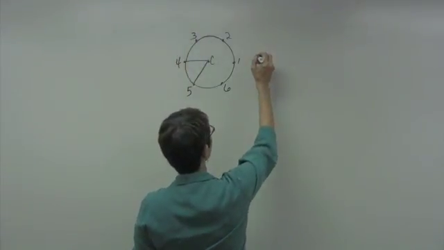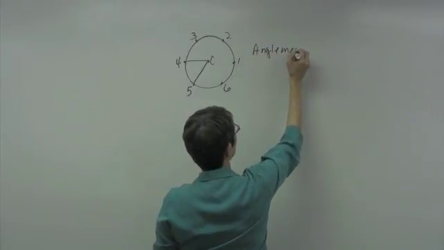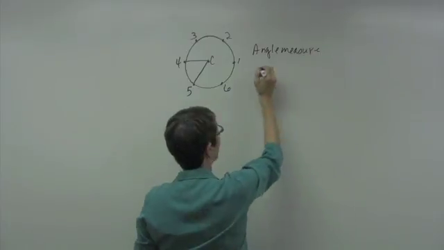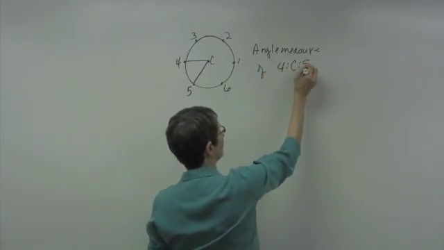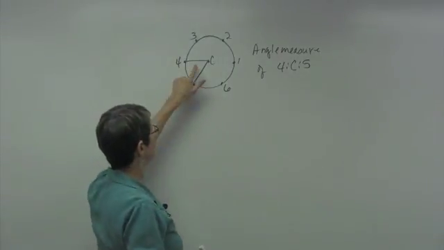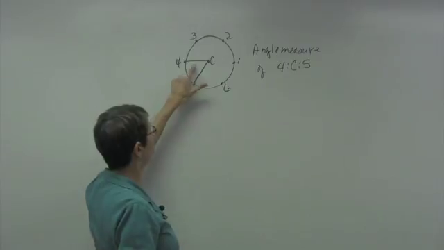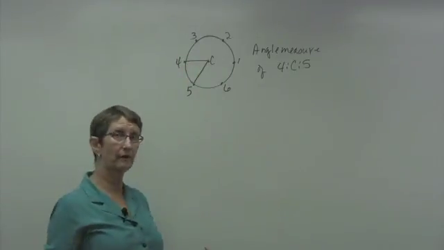I want to know the angle measure of 4 to C to 5. And that could be, like I said, 4 to C to 5 in here, or 4 to C to 5 out here. So let's find them both and see what we've got.